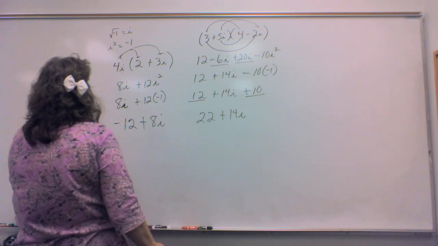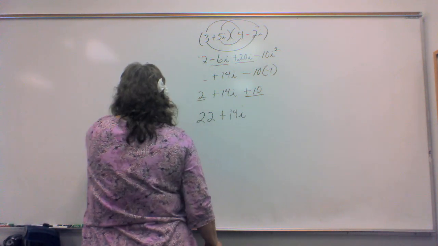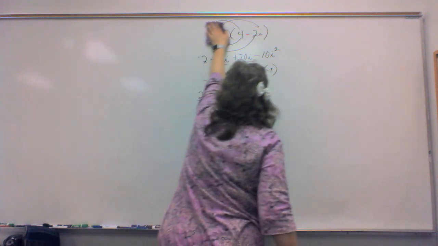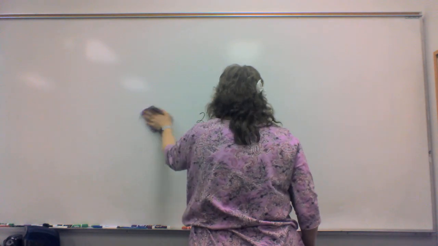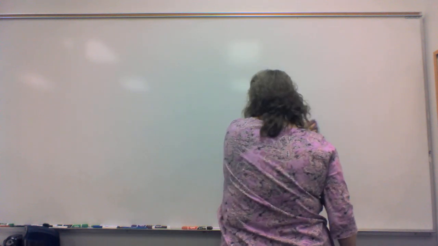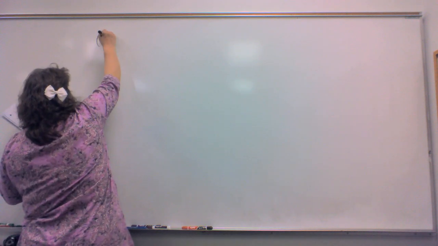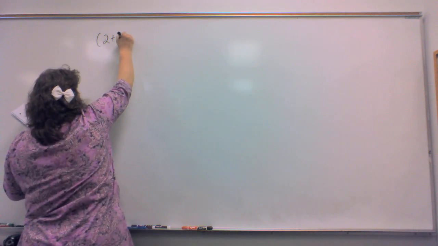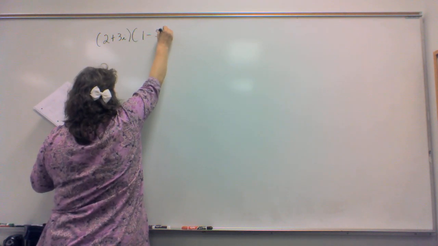Okay, let's look at another one. 2 plus 3i times 1 minus 5i.